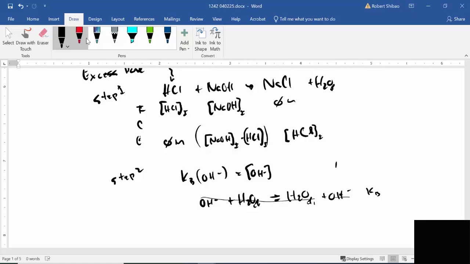And so just whatever hydroxide you end up with, and sodium hydroxide is a strong electrolyte, so that's going to tell you that. All right, and then what we're going to get from this is the pOH, and then we convert that to pH.